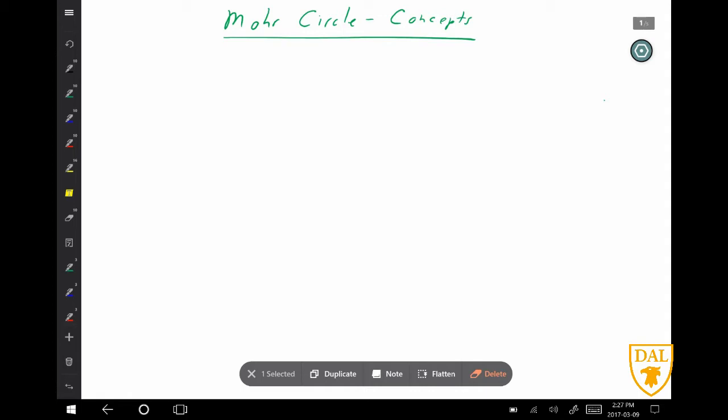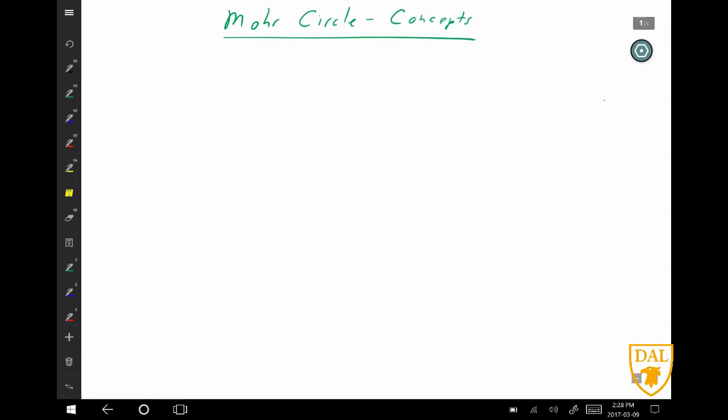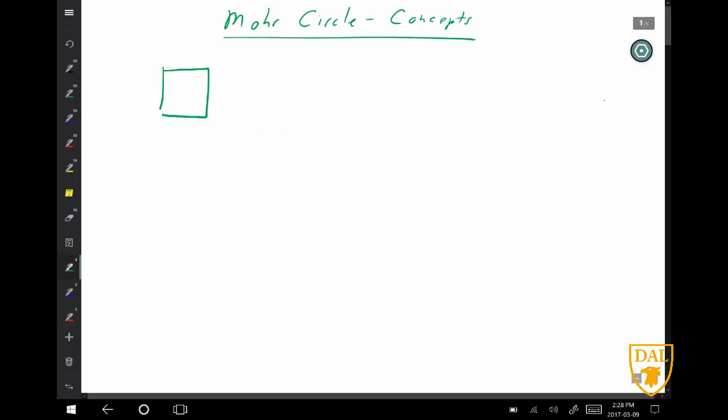So I've already made a little video showing the sign convention that we use in geomechanics, but just a little bit of a reminder here. Little stress block.